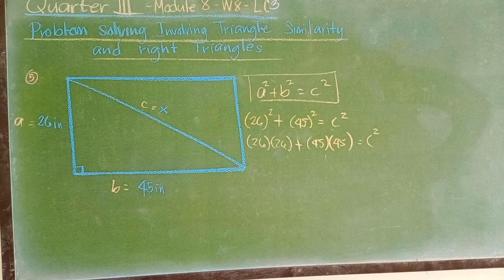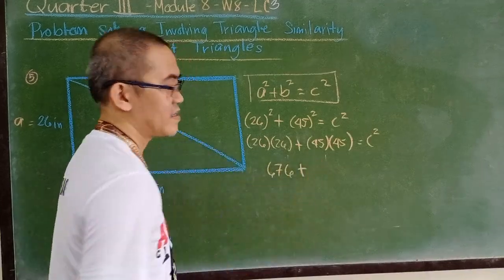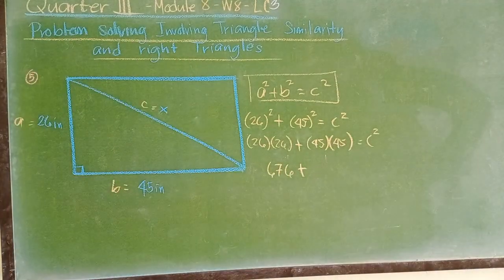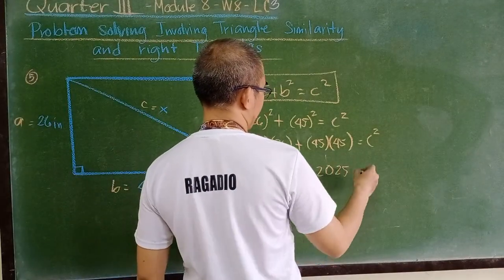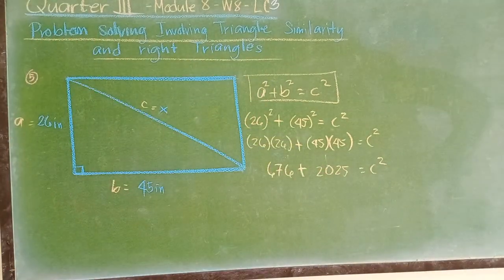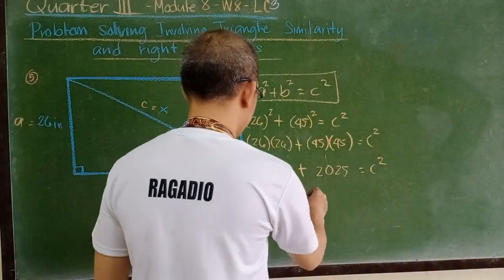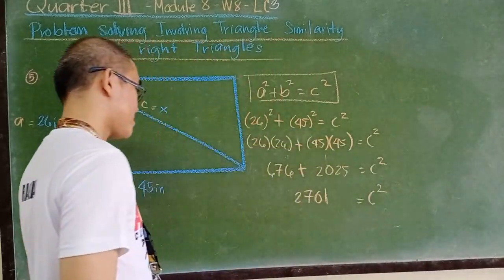So 26 times 26 is 676 plus 45 times 45, that is 2025, equals c squared. And then we add 676 plus 2025, that is 2701 equals c squared.